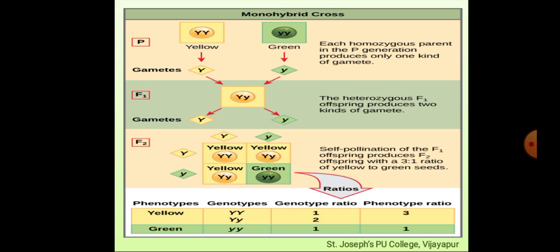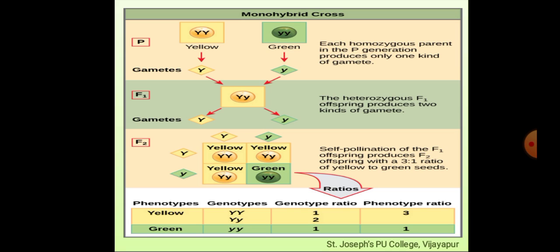By using this monohybrid cross, you can understand Mendel got the ratio 3 is to 1 as a phenotypic ratio, and one tall homozygous, two tall heterozygous, and one dwarf homozygous.